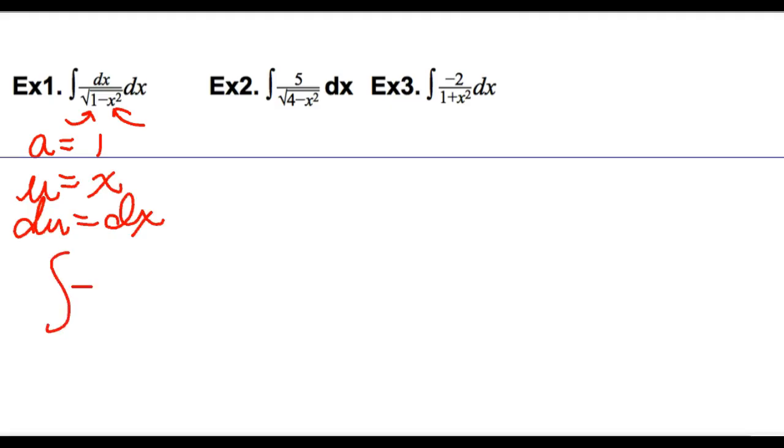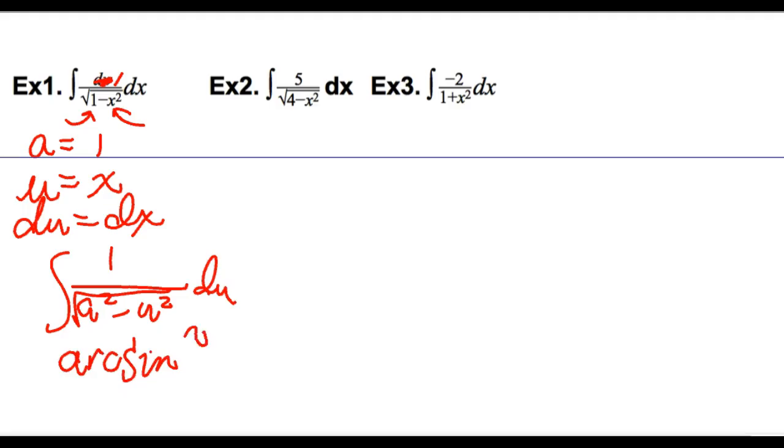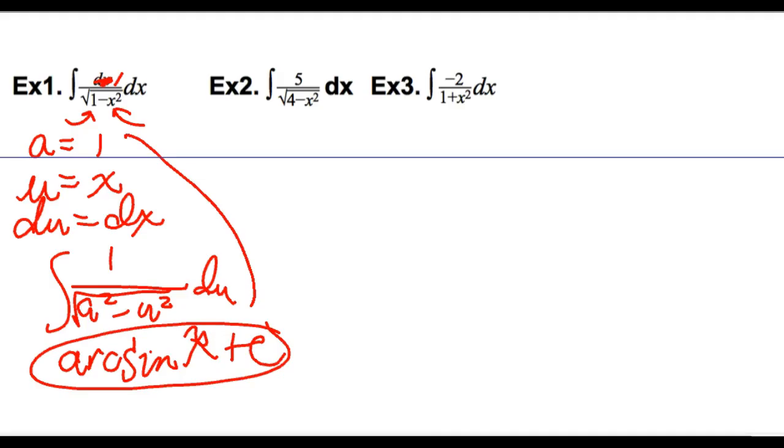It is in the form 1 over the square root of a squared minus u squared, du. So this is just arc sine u over a. It's just arc sine x, and we did it on the previous page. So that one, again, it's in your face.